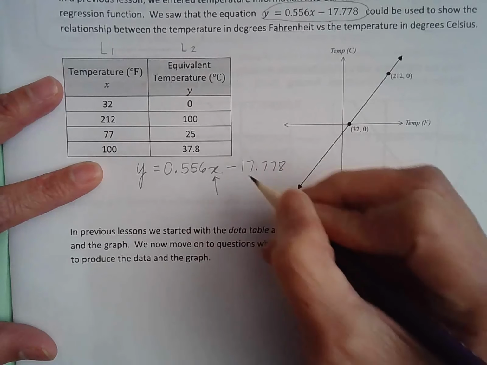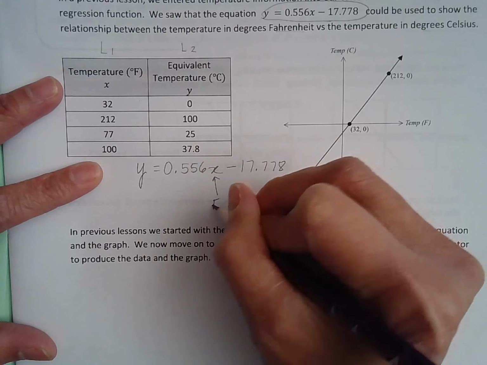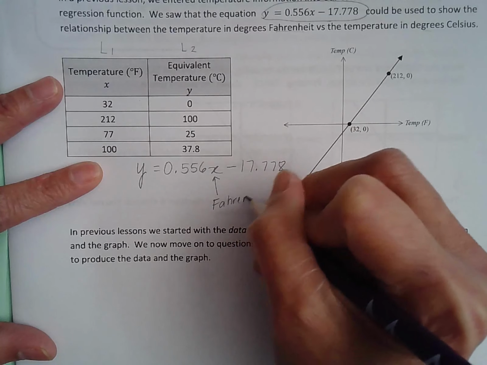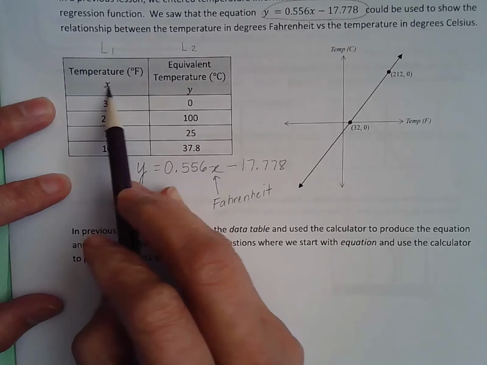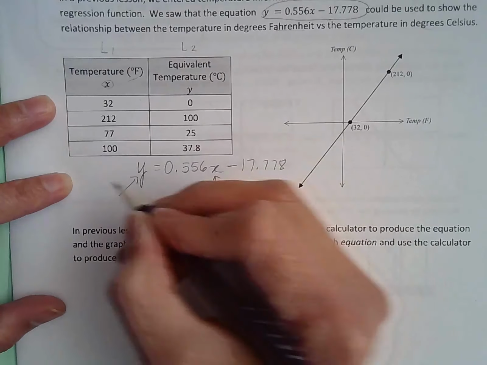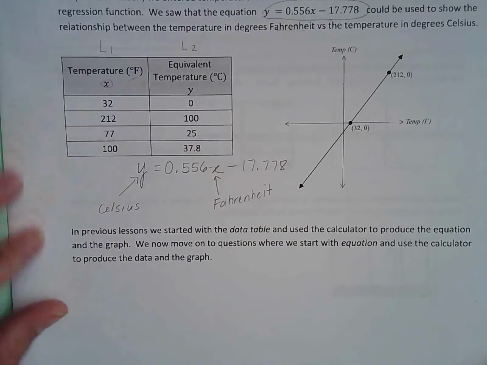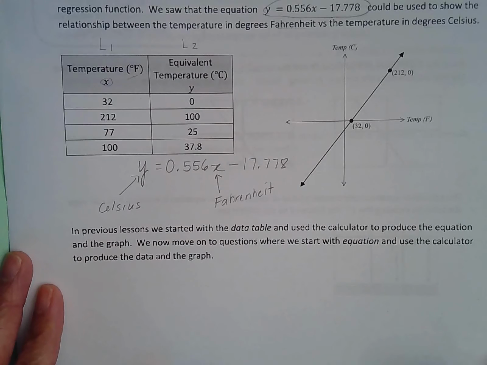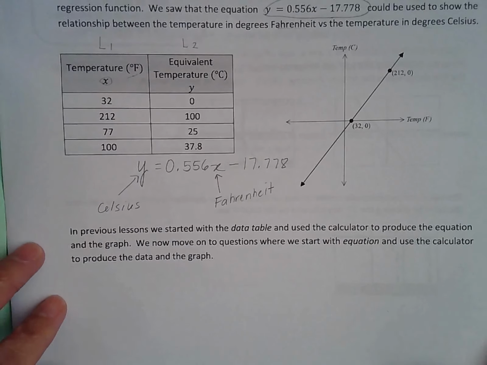The x represents the Fahrenheit temperature, and the y is the degrees Celsius. So we were able to determine the linear regression from there.